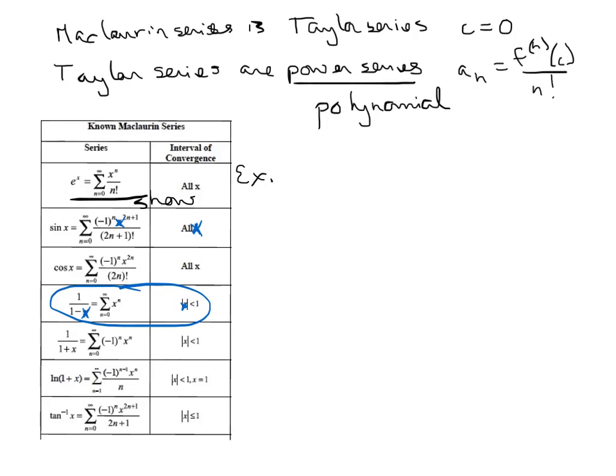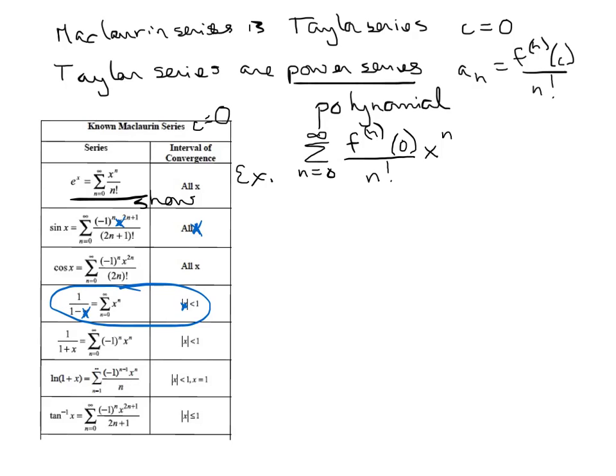So we're going to show that by finding the sum from n equals 0 to infinity of the nth derivative evaluated at 0, all over n factorial, times x to the n, because c is 0. So these are Maclaurin series. All of these have c equals 0.